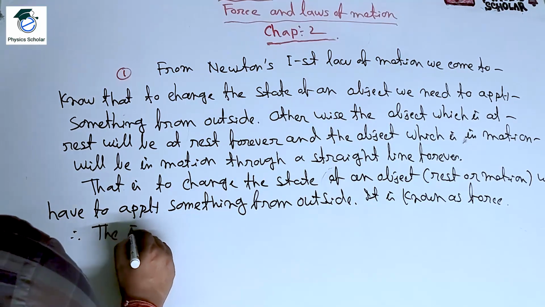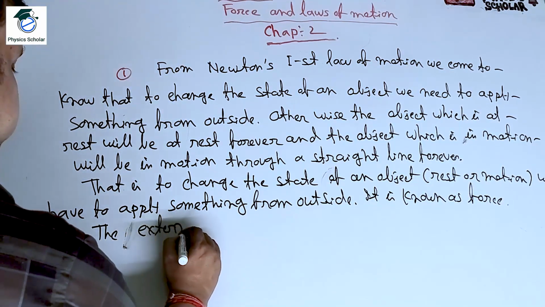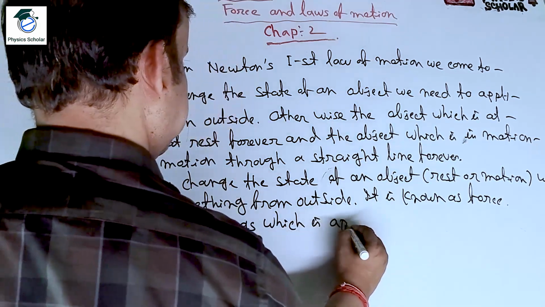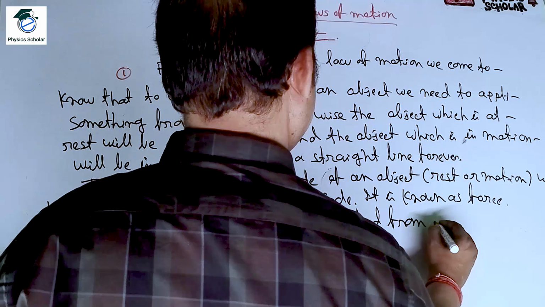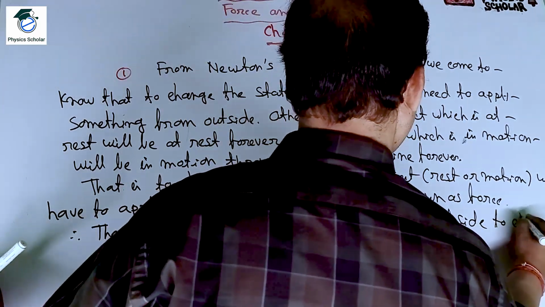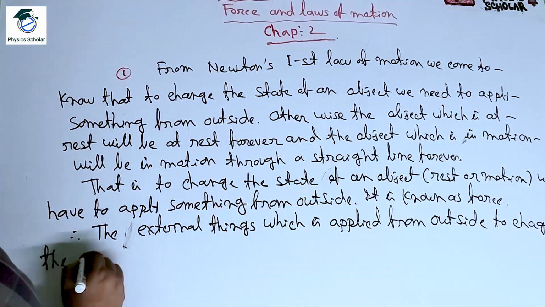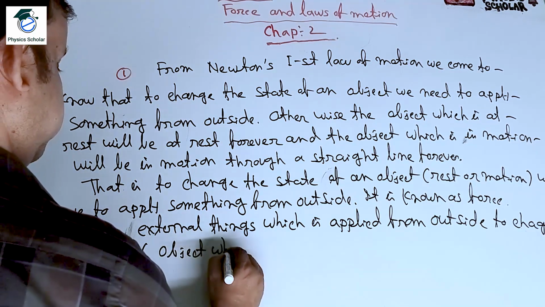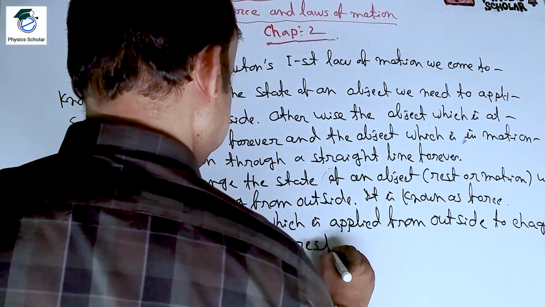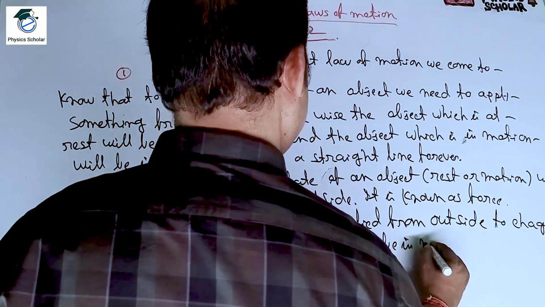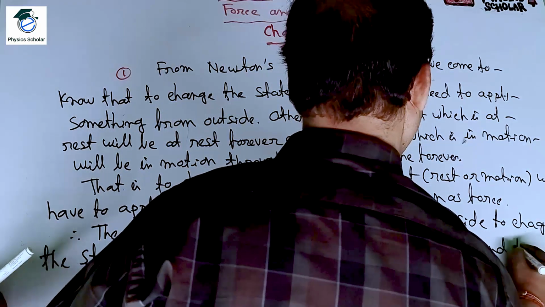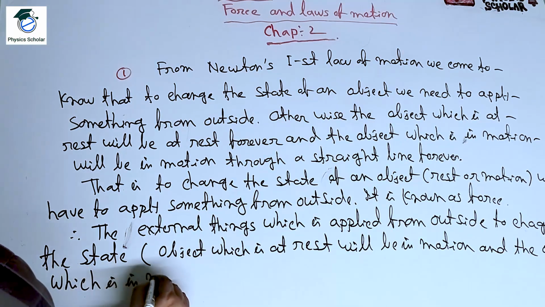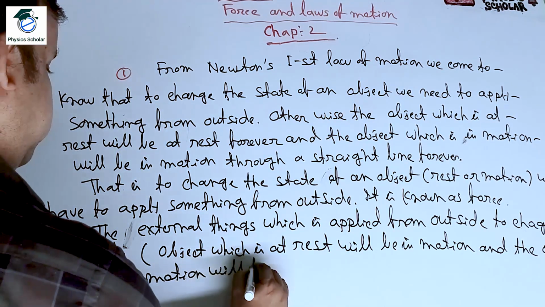So the external thing which is applied from outside to change the state, that means the object which is at rest will be in motion, and the object which is in motion will be at rest.